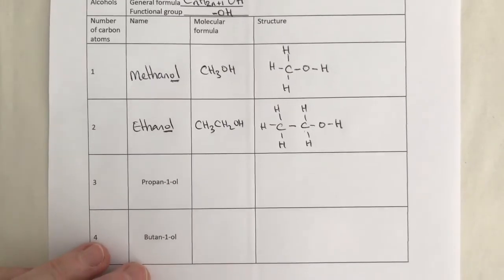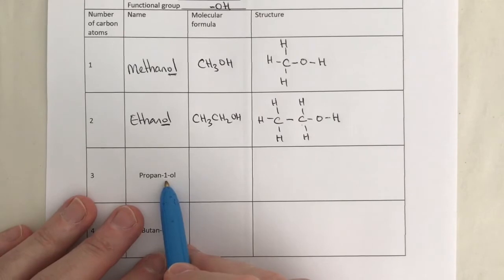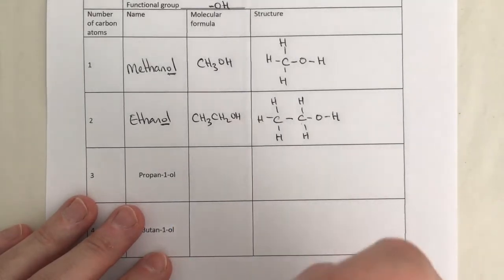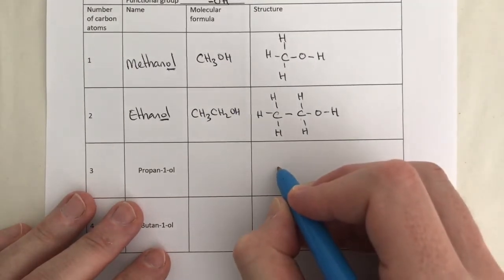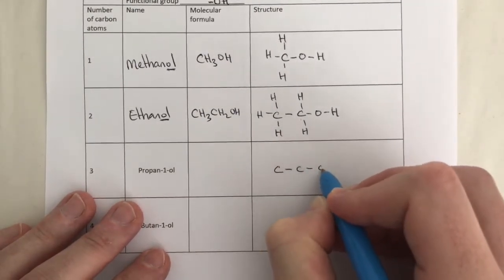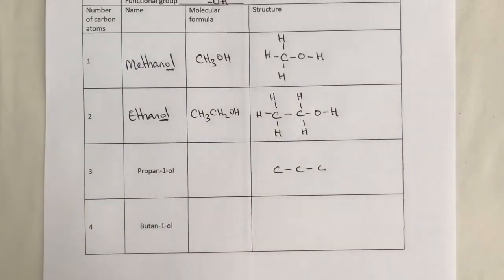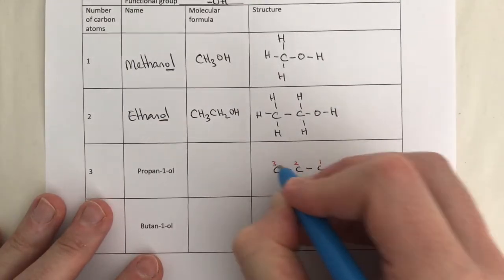These are a little bit different, as you can see, because they've got this number in the name. This number helps us know where to put the ol group, the alcohol group, the group that makes this belong to the alcohol family. There are 3 carbons because it's prop, and I'm going to number these: number 1, number 2, and number 3.